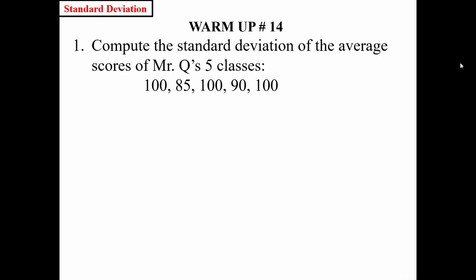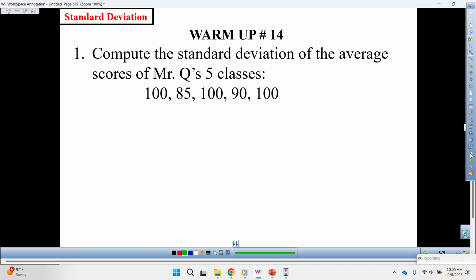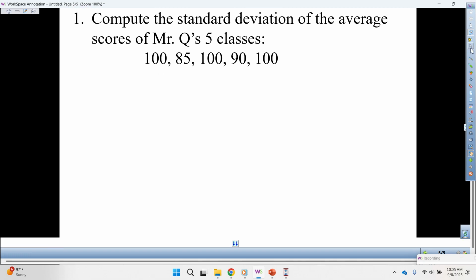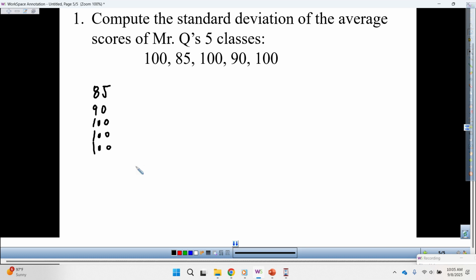So, first thing we do when we have data, tell your neighbor what to do when we have data. All right, ascending order, that is correct. 85, 90, 100, 100, 100.